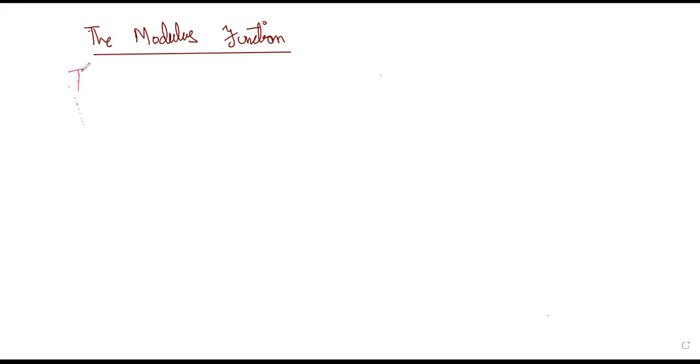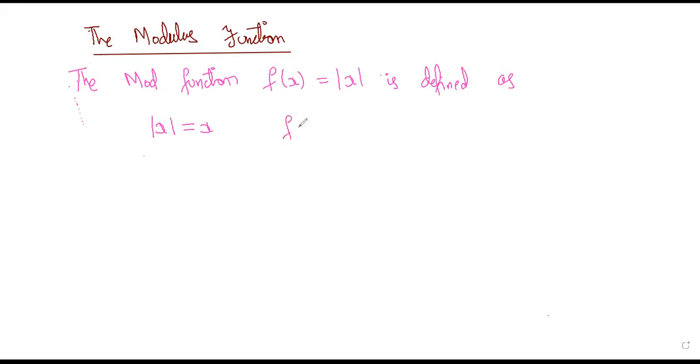Okay, so the mod or the modulus function f of x equals x mod is defined as x mod equals x for x greater than or equal to 0 and x mod equals minus x for x less than 0.